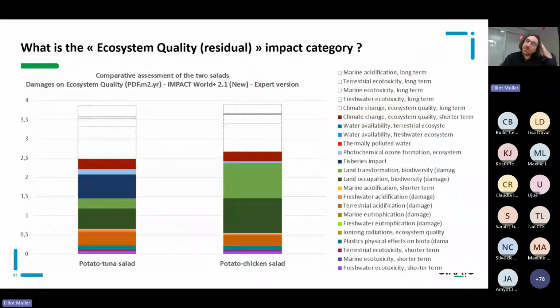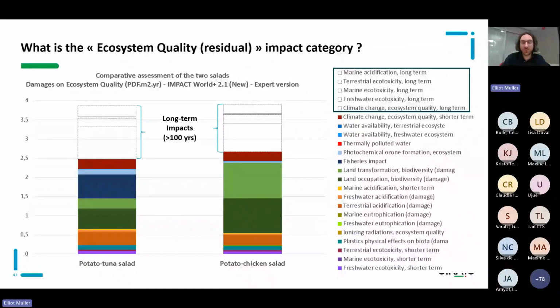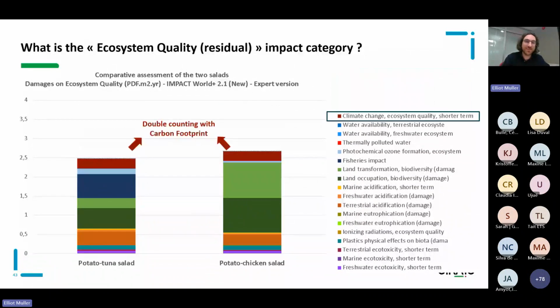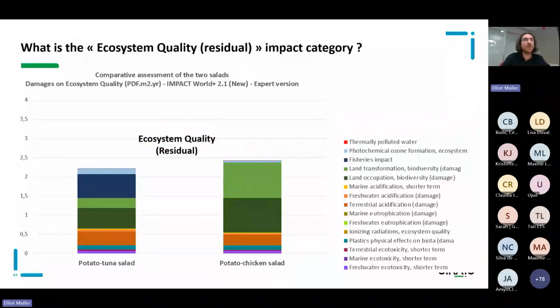And that is quite the same for the residual ecosystem quality indicator. First of all, we delete the long-term emissions, the carbon footprint, the impact linked to climate change, as well as water availability, and that leaves us with what is called the residual ecosystem quality indicator.